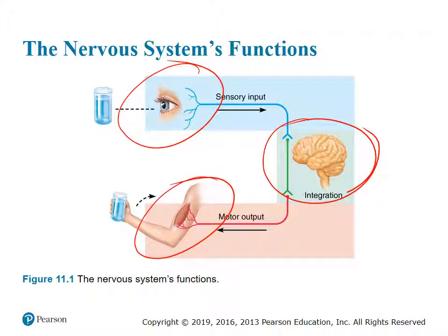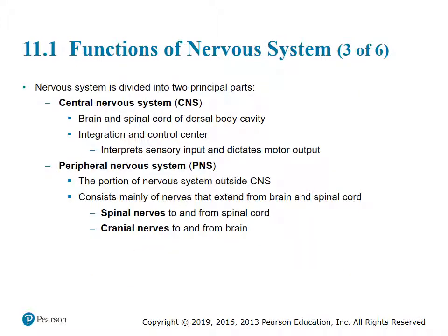And here's the innervation, or the motor output, or the effector. And our effector here is our biceps brachii muscle. And that biceps brachii muscle is going to contract, thereby moving our hand and drinking water, let's say. Okay. There's our three functions. Okay.